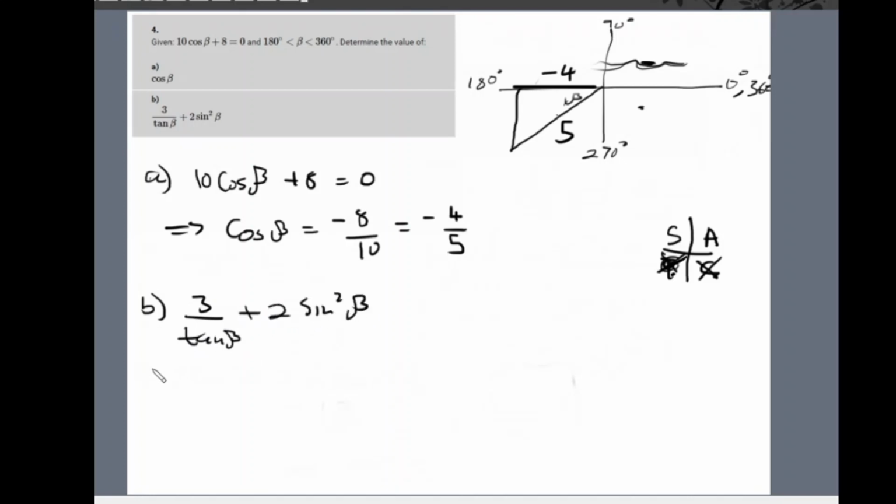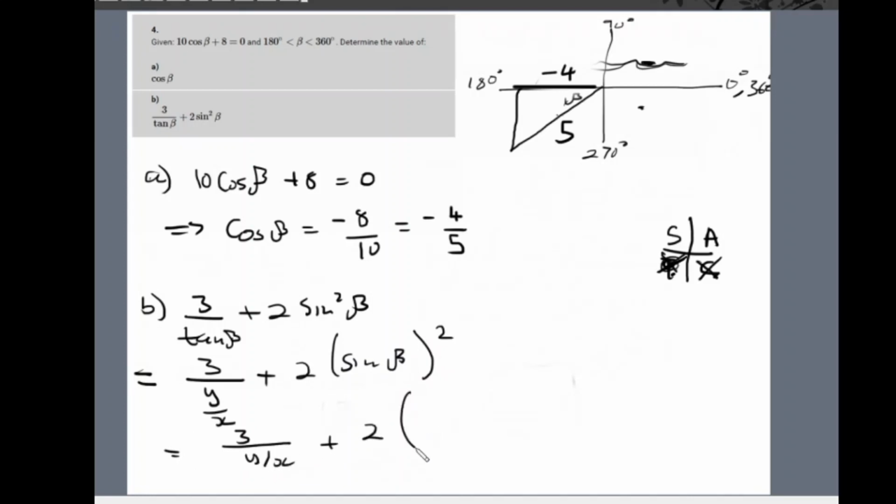Tan beta is y over x, and sine squared beta is just sine beta squared, so we have 3 over y over x plus 2 times y over r, all squared.